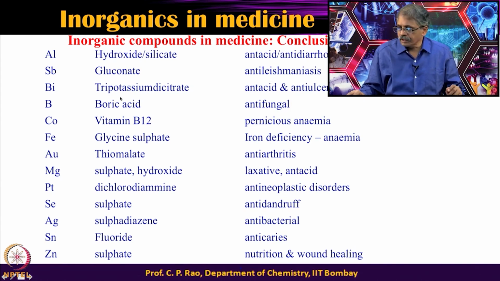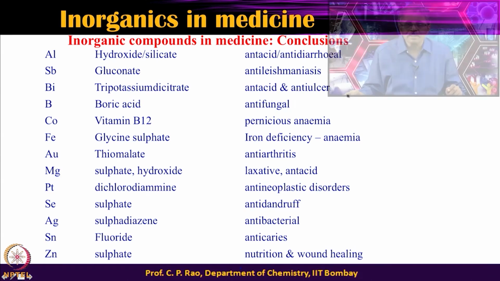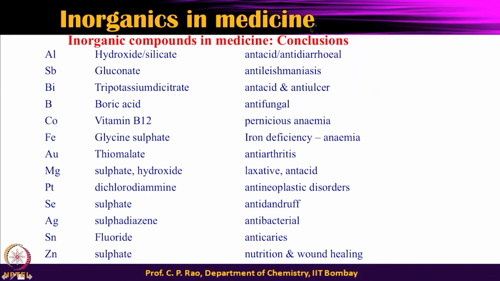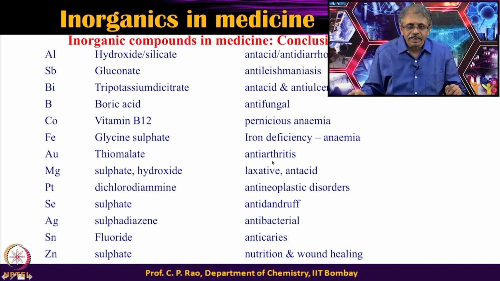Bismuth, the tripotassium dicitrato, can be used as antacid, anti-ulcer. Boron, in the form of boric acid, can be used as antifungal. Cobalt in the form of vitamin B12 can be used for pernicious anemia. Iron with glycine sulfate can be used for iron deficiency or anemia. Gold thiomalate can be used for anti-arthritis.